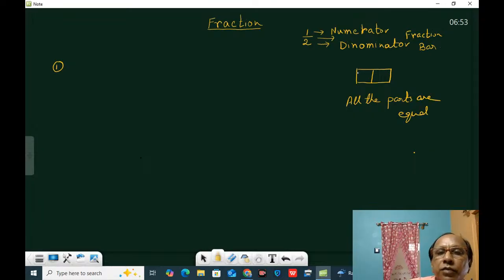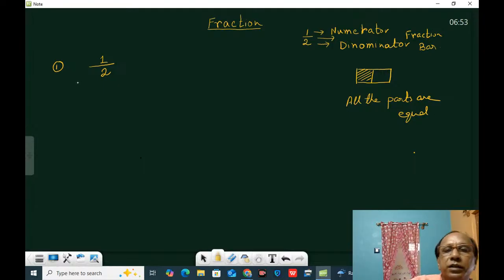Right? Suppose I want to know what is the part of this drawn figure, the colored part. You can write the number of colored parts. The colored part is 1, and the total number of parts is 1, 2, so 1 by 2. Therefore, the fraction of this part is 1 by 2.